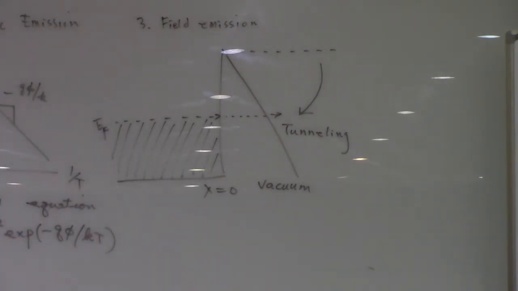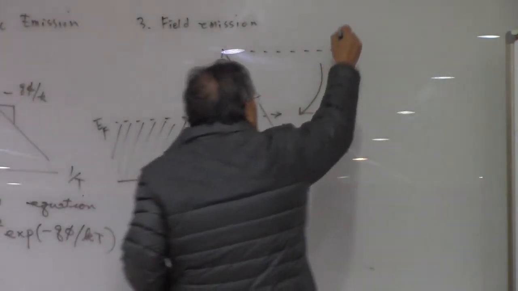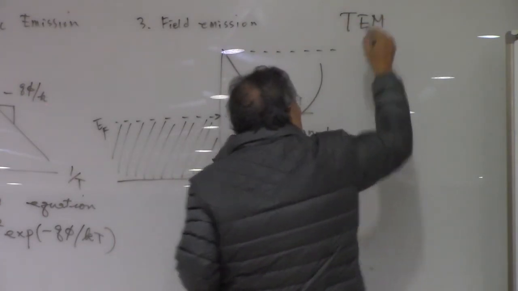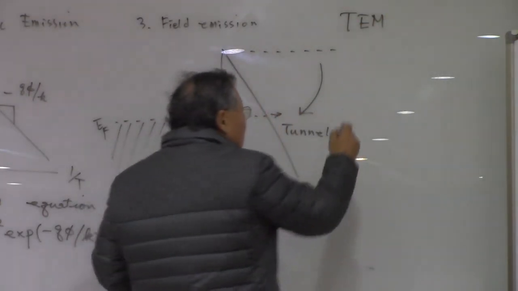The electrons which can be obtained from this high electric field can give us the images of the atoms in transmission electron microscopy. You know, the TEM, you make a sample very thin.